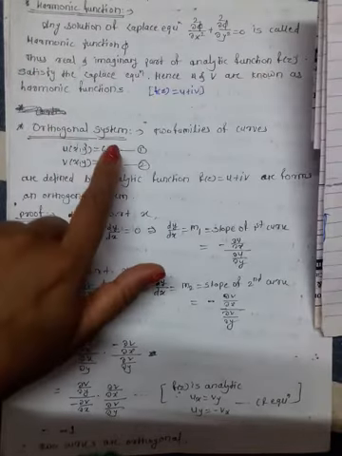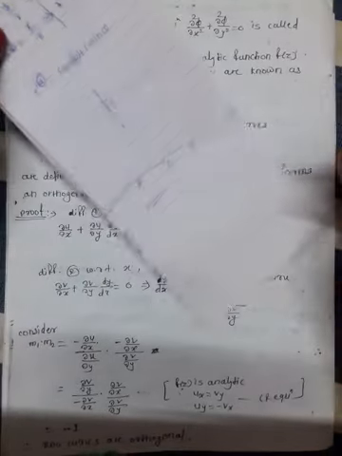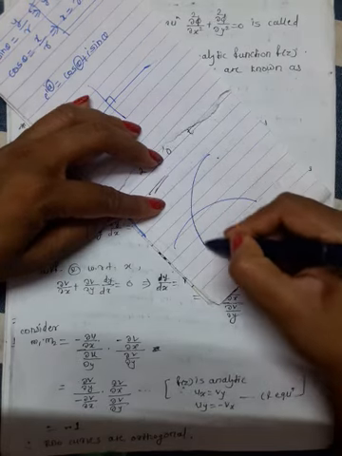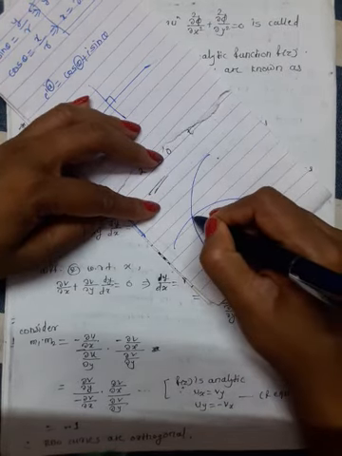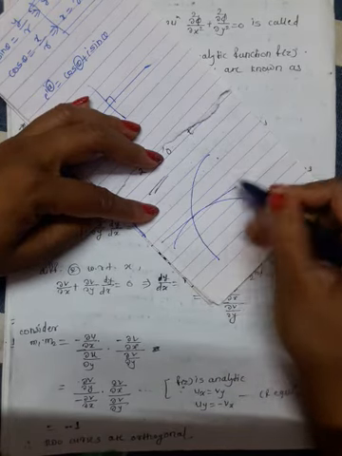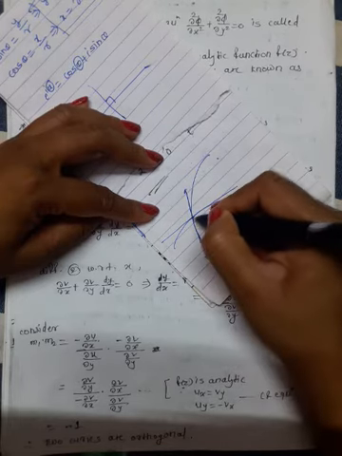Likewise, an orthogonal system means an orthogonal system of curves. For example, suppose this is one curve and this is another curve. These curves intersect at this point; draw the tangent to this curve and the other tangent to the other curve at the same point.